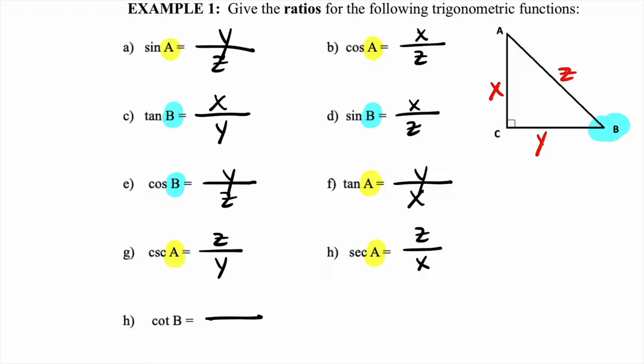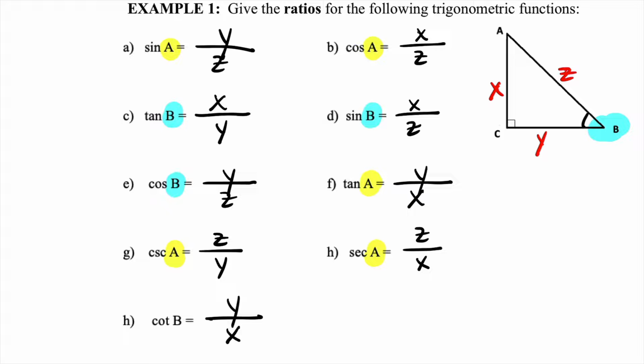So the cotangent of B. Cotangent is adjacent. So what's adjacent to B? Y. And what's opposite of B? X. Good. Okay, that's essentially what we're doing today. The only difference is instead of X, Y, and Z, they're going to change it up and give you some numbers. That's all.